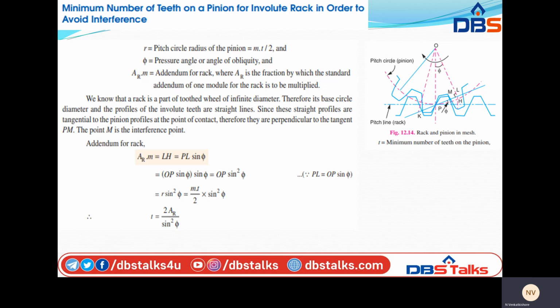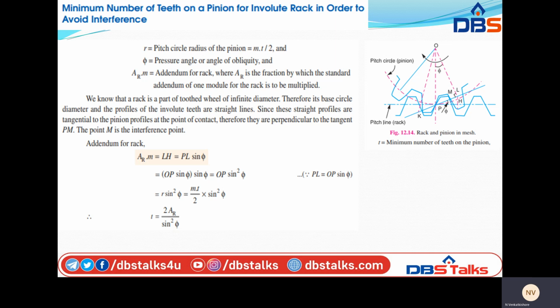These are the formulas we need to remember. And phi is called the pressure angle or the angle of obliquity. And AR, previously AP is there, AW is there: addendum of pinion, addendum of wheel, and here addendum of the rack. Addendum for the rack is a fraction related to the module.